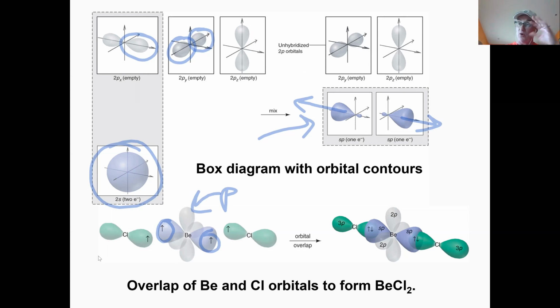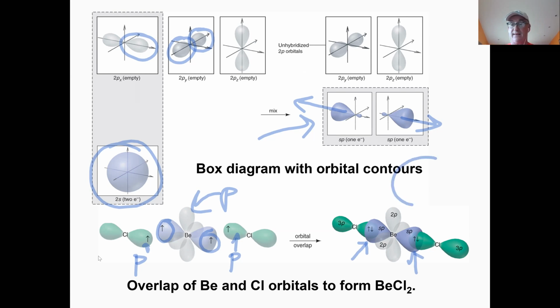And then here comes chlorine in to bond. Now chlorine has its electron in a p orbital. Those are our balloon animal electrons. They're in the p orbital. And notice that when they overlap, you get good overlap between sp and p. They overlap pretty well, much better than an s and a p would overlap.